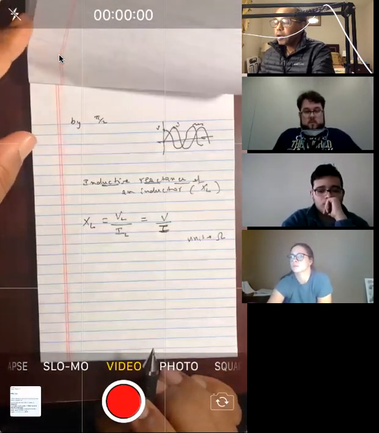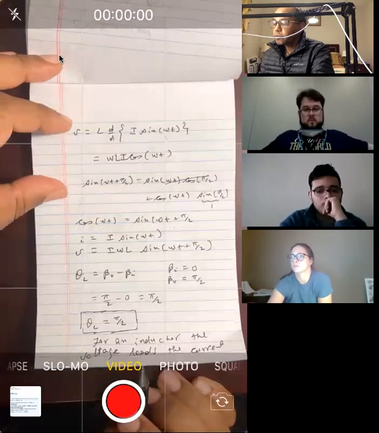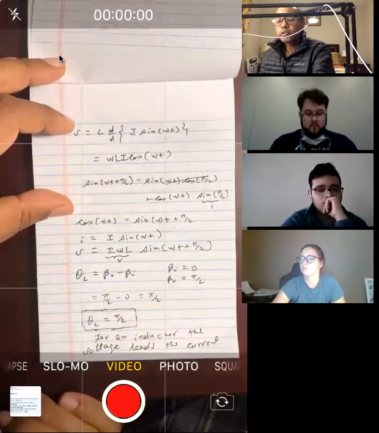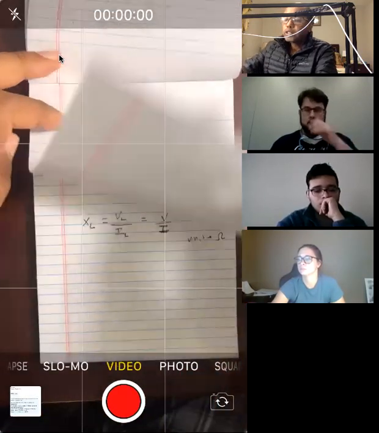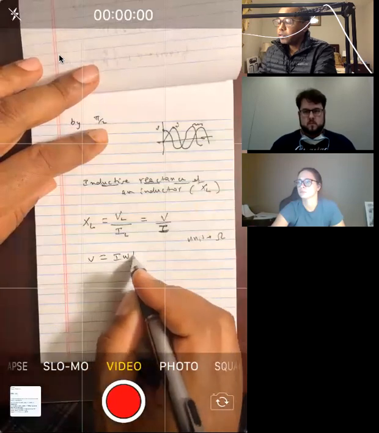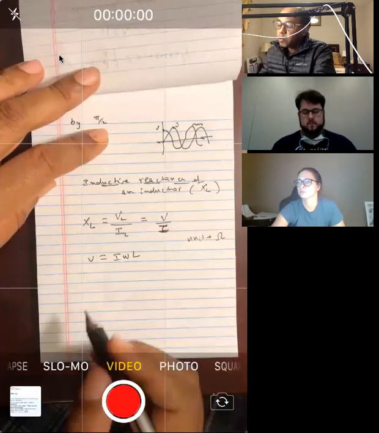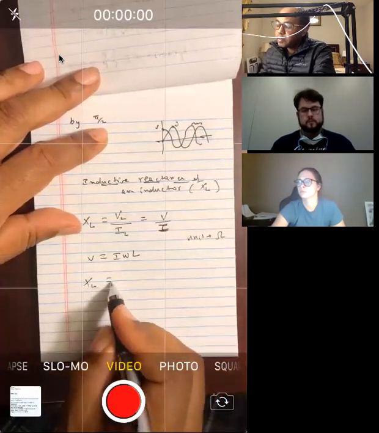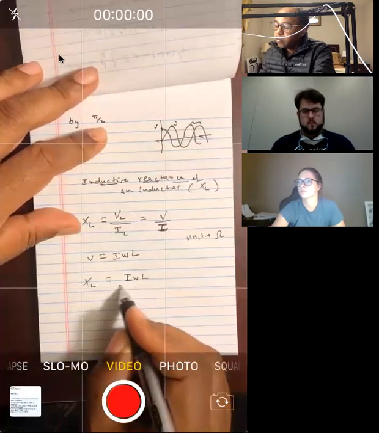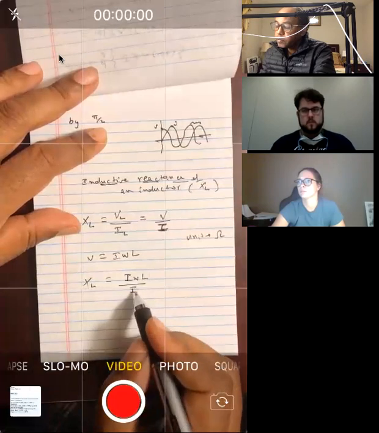Now let's compare this. This is the amplitude of voltage, so we have the following relationship: V equals I times angular frequency times L. So the inductive reactance is the current times omega times L divided by the current, so the current goes away.